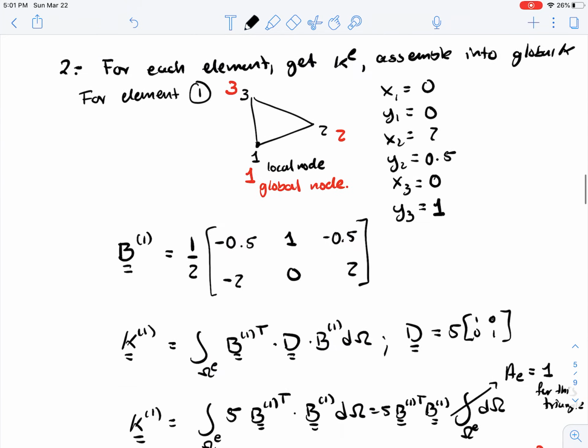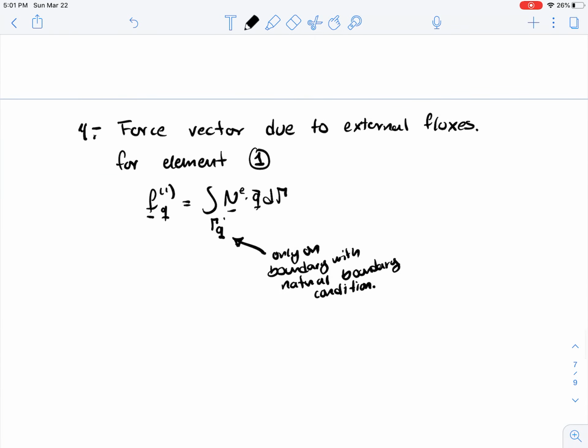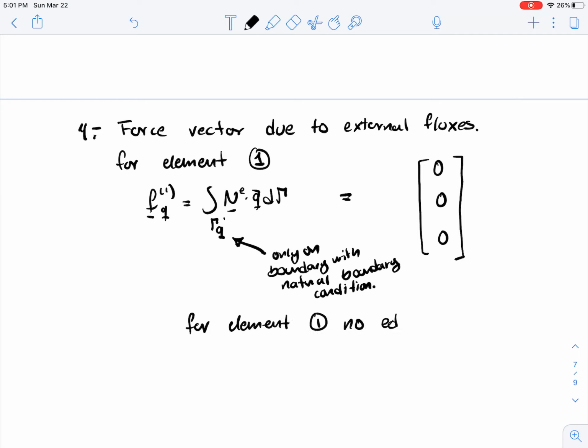So actually all these integrals are 0. For element 1, you just get 0, 0, 0, since no edges have natural boundary condition.